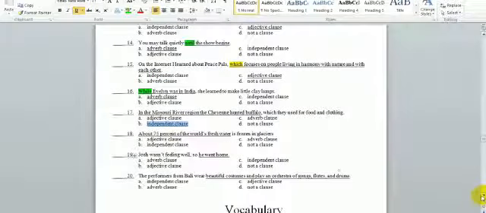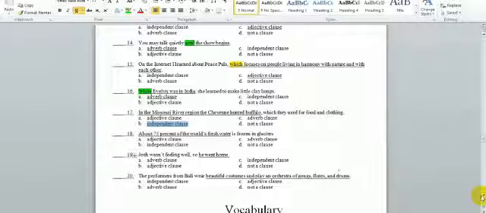Number 18. About 70% of the world's fresh water is frozen in glaciers. Guys, I want you to read it very well, because we will find something new here, that it is not a clause. And the question is why it is not a clause? Because it doesn't have any verb. And we agreed that the clause must have a subject and predicate.